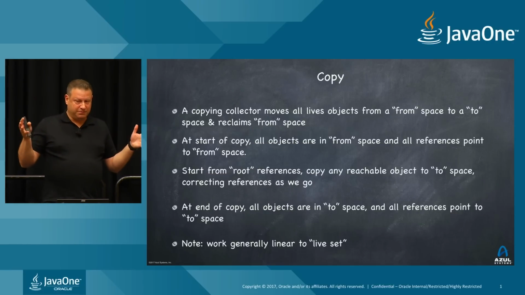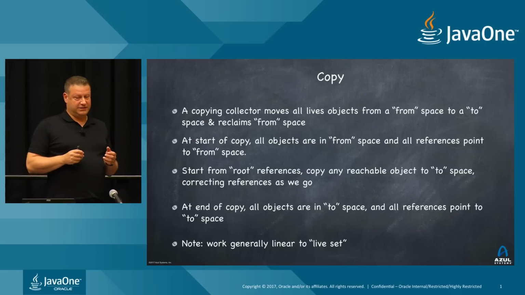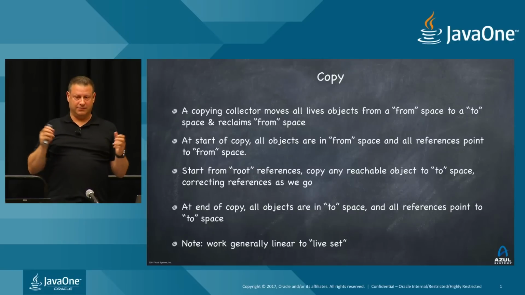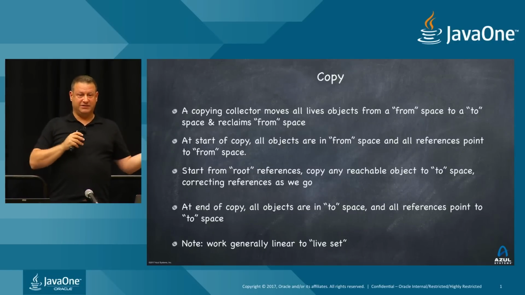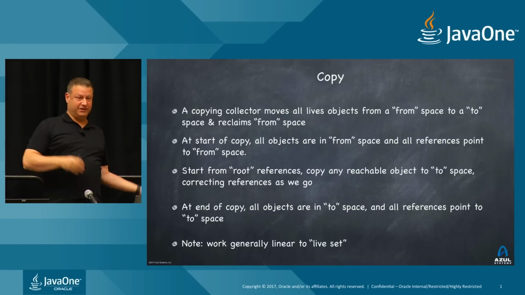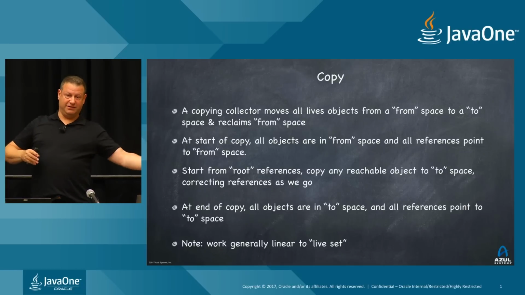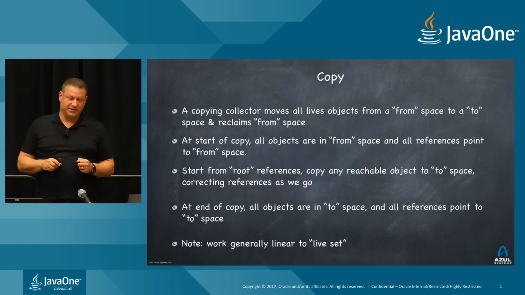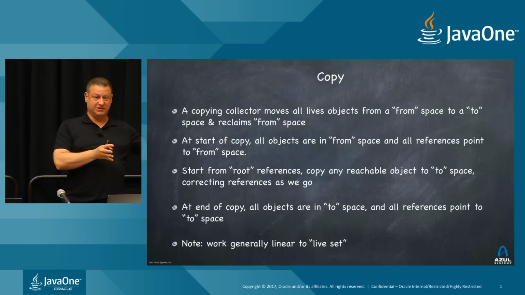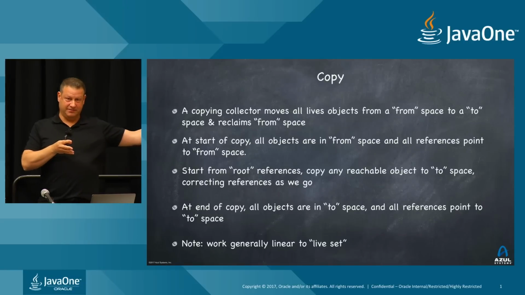However, a thing to keep in mind here is it needs a to space. And the to space, in a simple collector, without making other things happen around it, needs to be as big as the from space. Because we don't know anything's dead. We might have to move everything, and this is usually monolithic. You start, you move everything. You can't leave anything behind. So the to space needs to have room for all my stuff, which is as big as the current heap, because I don't know how much is dead in there.